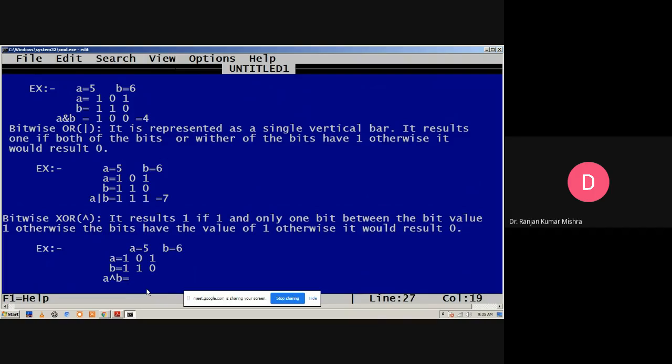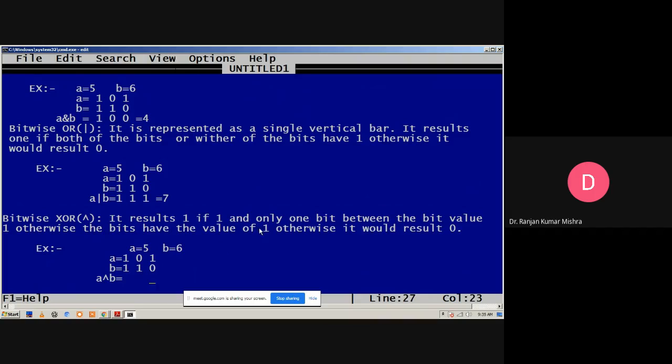What will be the value of a caret b? Now only one of the values should be 1, both of the bits should not be 1. Here the first bit is 1 and the second bit is 0.